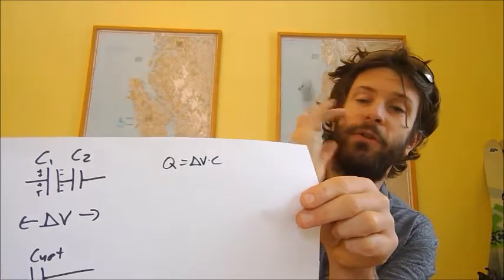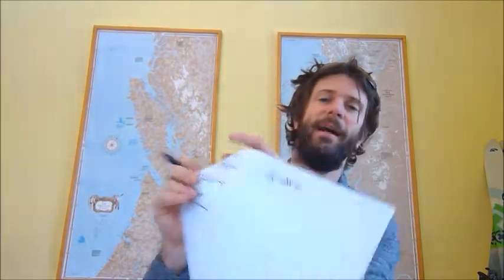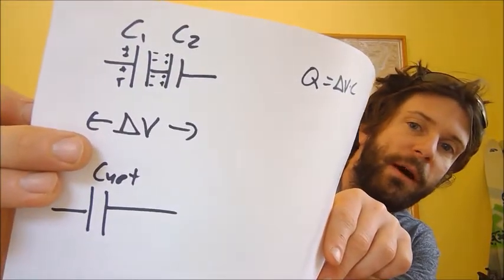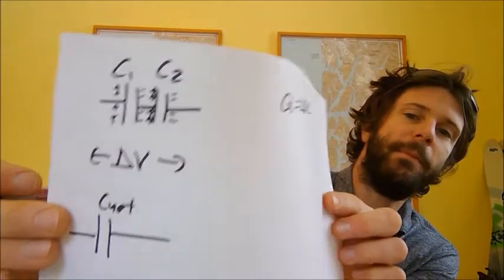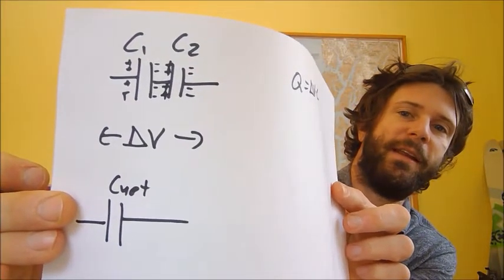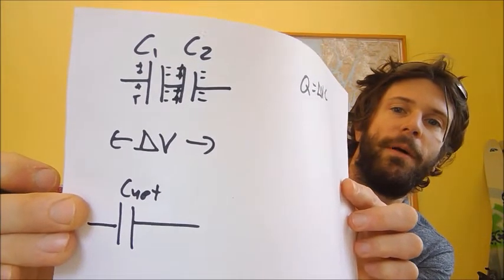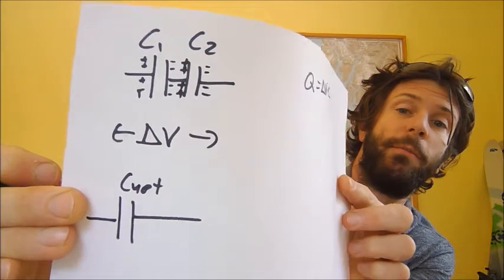Due to conservation of charge, there must be 4 positive charges on that side of C2. But since C2 has 4 positive charges, it must have 4 negative charges on the last side to balance it out. So that's the situation here: the middle has a positive and a negative, and the outsides have 4 positives and negatives.